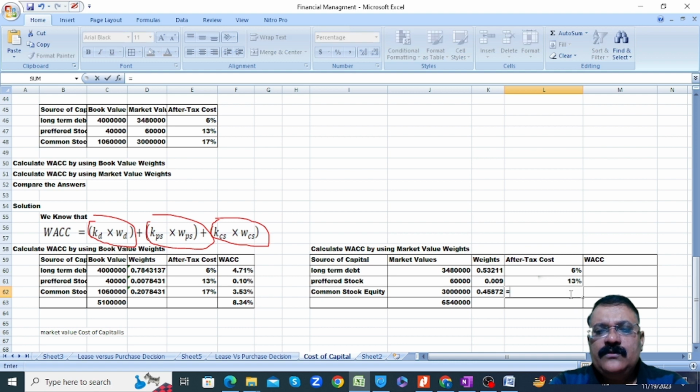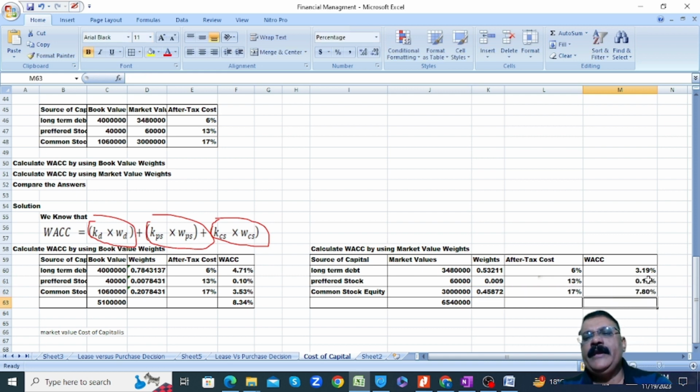Weighted average cost of capital is the simple multiplication of weights and relevant costs: weight of preferred stock multiplied by cost of preferred stock, weight of common stock multiplied by cost of common stock. Now we will make a sum of all these costs. 11.11% is the weighted average cost of capital.